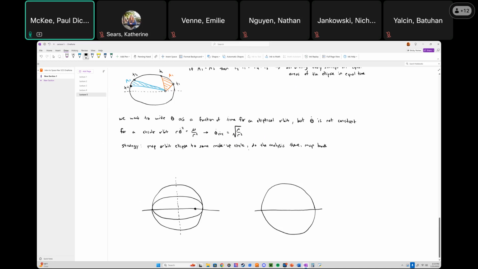And let's say that at some instant in time, the orbiting body or the spacecraft in question is up here. Okay. Now, if we were to take this point and then just kind of stretch it up vertically, it would be here.